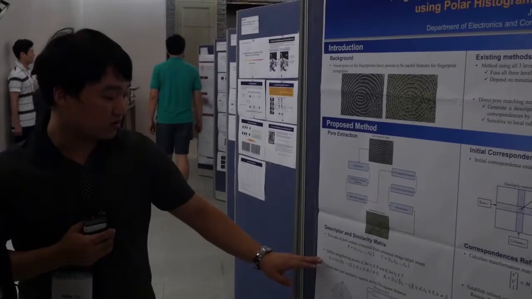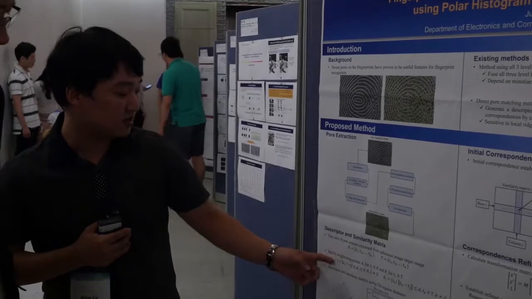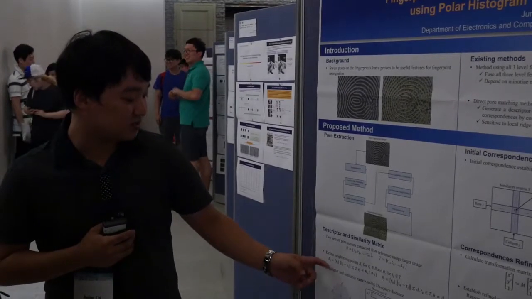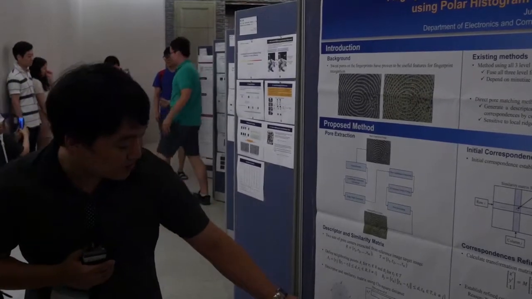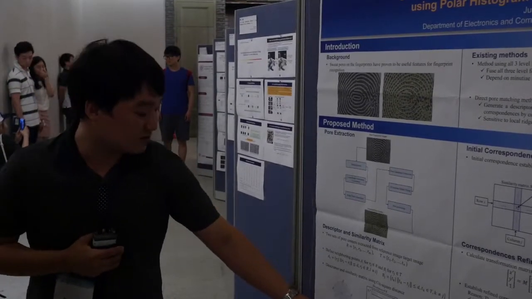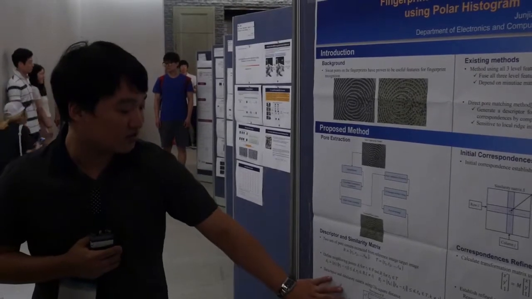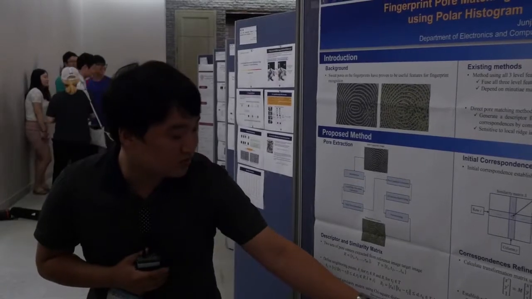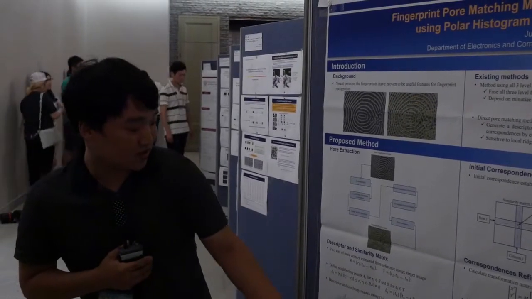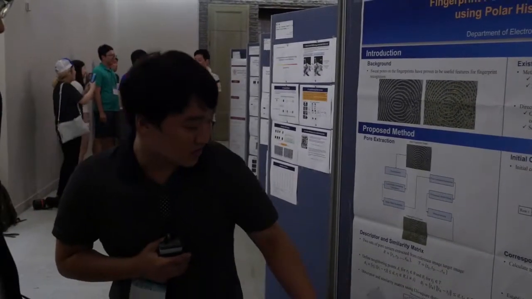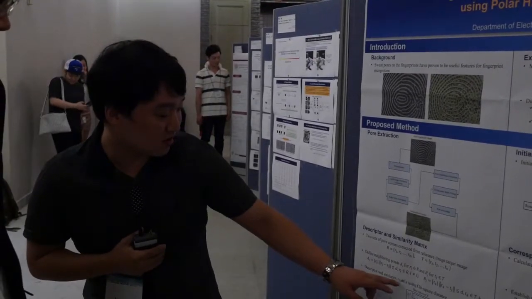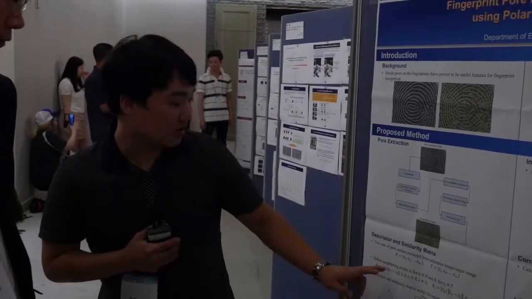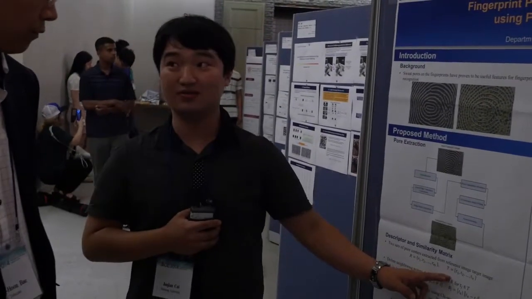Then, by using these neighboring points, we generate a descriptor for each pore center by using Pore histogram. This is a normalized Pore histogram, and we calculate the similarity matrix S. Each entry in S is a chi-square distance between Ri and Tj.